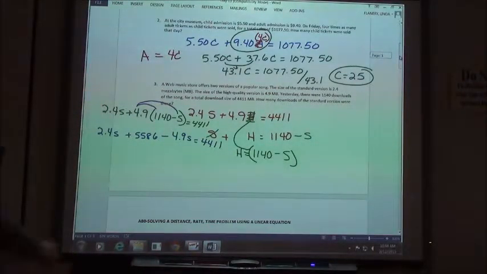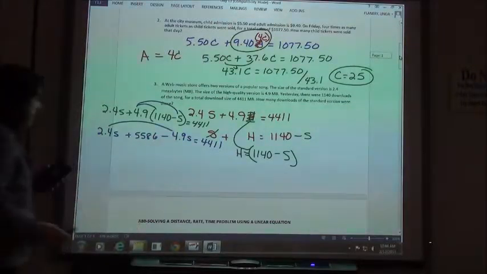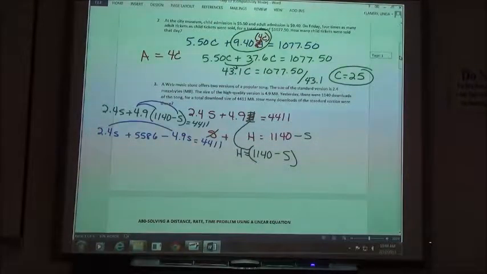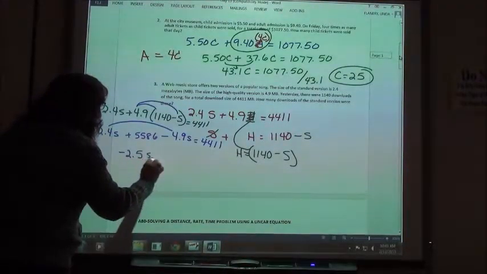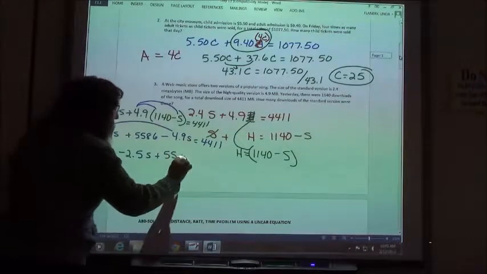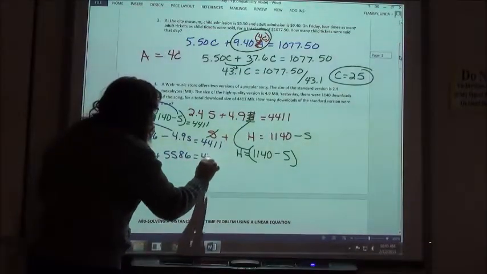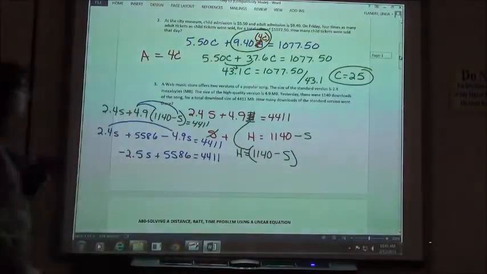So combining my like terms, I'm going to combine the S's. 2.4 minus 4.9 is negative 2.5S plus 5586 equals 4411.